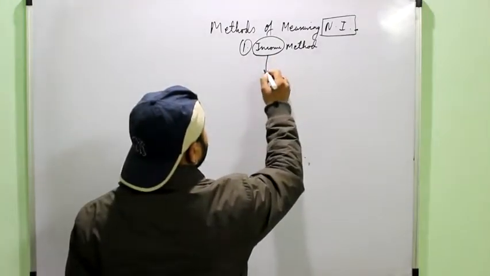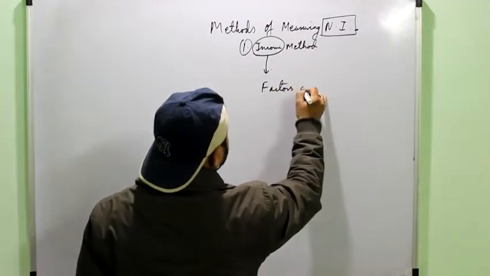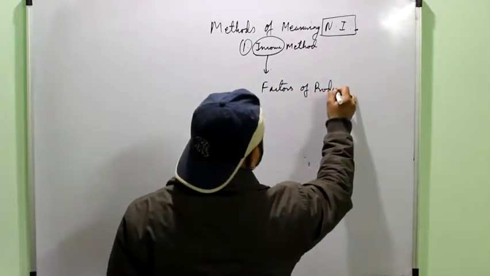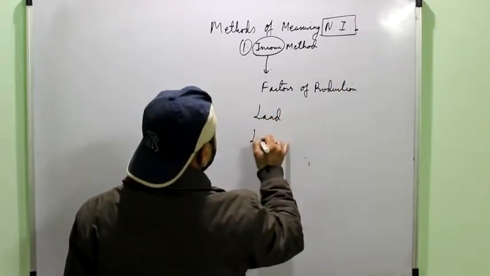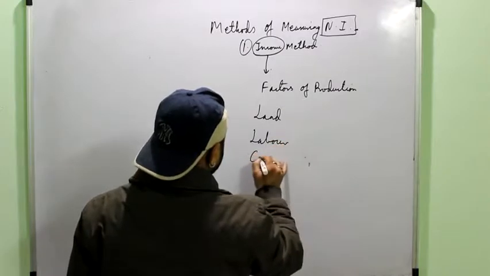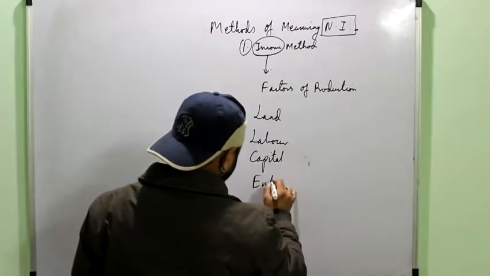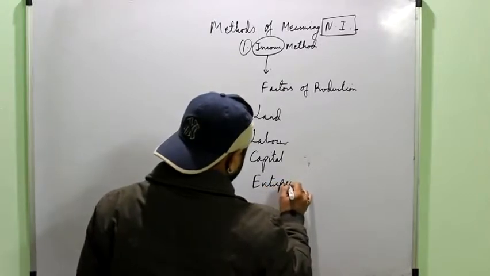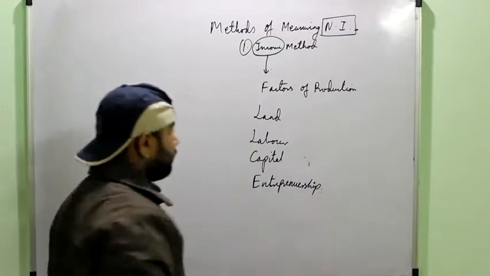Income, as I told you, can be generated only through the factors of production. It means land, labor, capital and entrepreneurship.